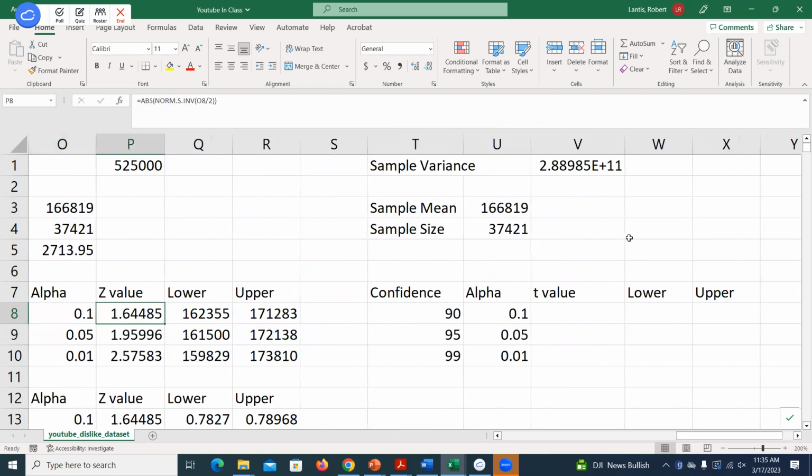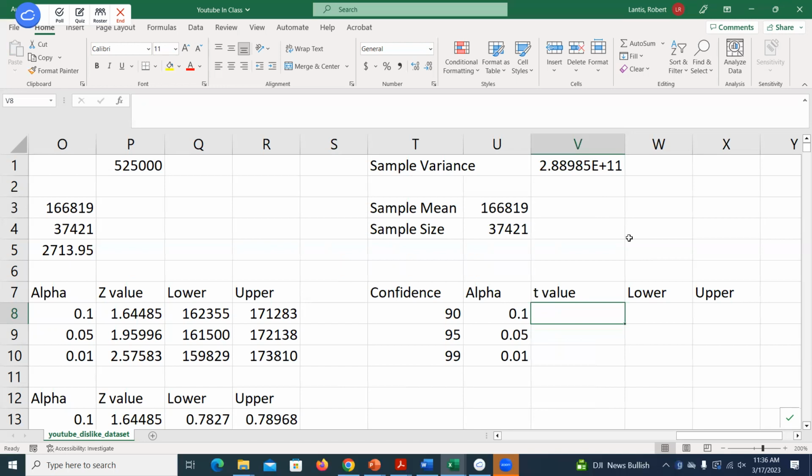Well, when I know the area in the tail and I want to find the corresponding Z value, we're doing the inverse, right? So we use NORM.S.INV. Now, if I only have a sample variance, I know I have to use the student T distribution, but I'm still wanting to do the same thing. I know the area I want in the tail, and I'm just trying to find the T value that corresponds to having half of alpha in each tail. Right?